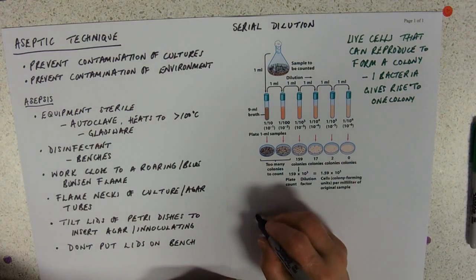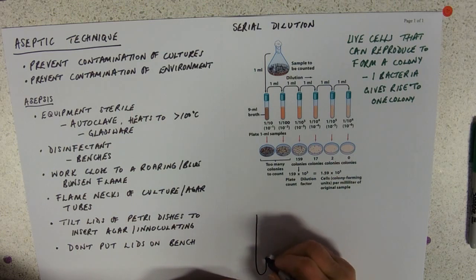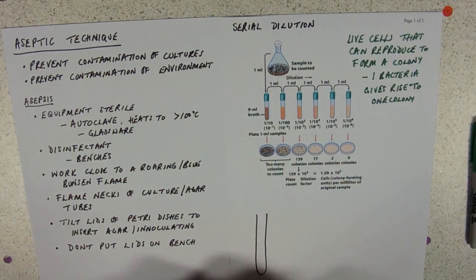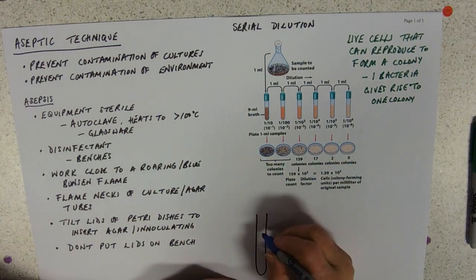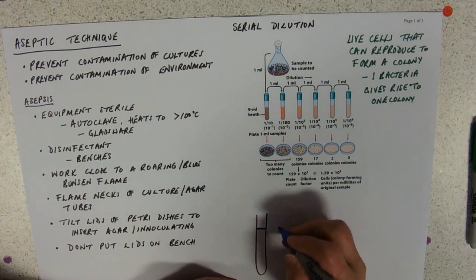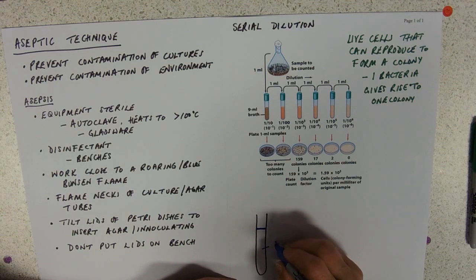a little test tube, and the whole point is you're diluting into either broth or distilled water, but whatever you're doing it into, it's got to be sterile. So here you've got sterile broth. It would be my preferred option.